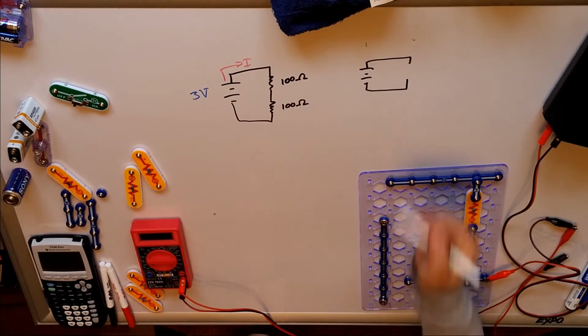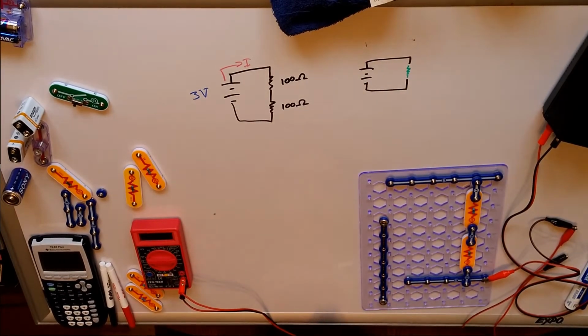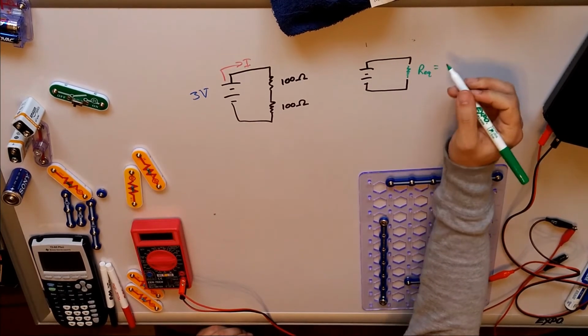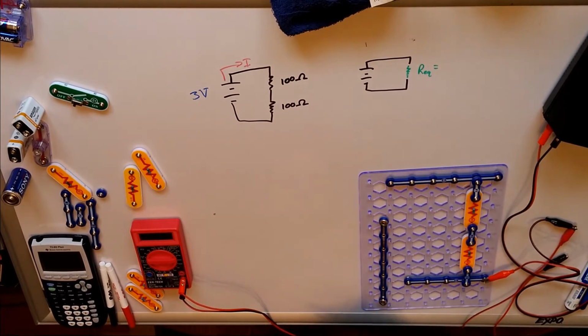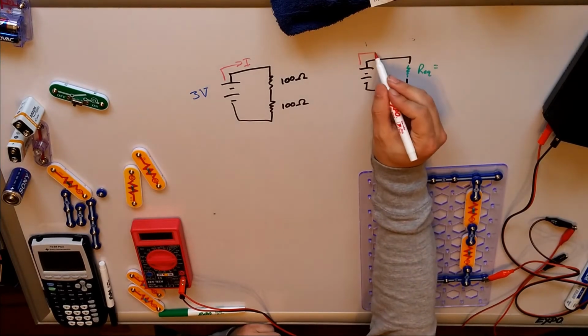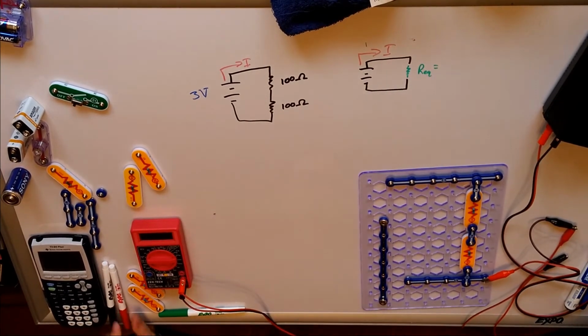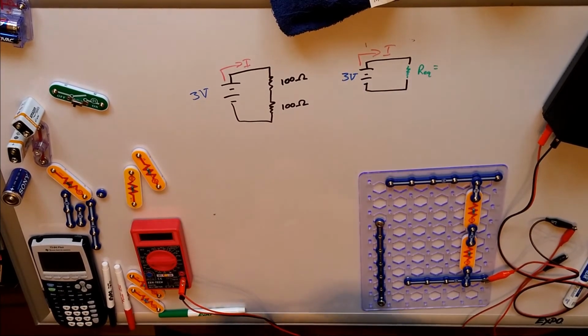Now I'm going to draw this out in green because I want to emphasize that it is not a real resistor. It's an imaginary resistor that acts the exact same. It's the equivalent resistance, so I'm going to call it Req. All right, here we go. We're going to find that by looking for the current, I, and we've got a potential difference across our source of 3 volts.